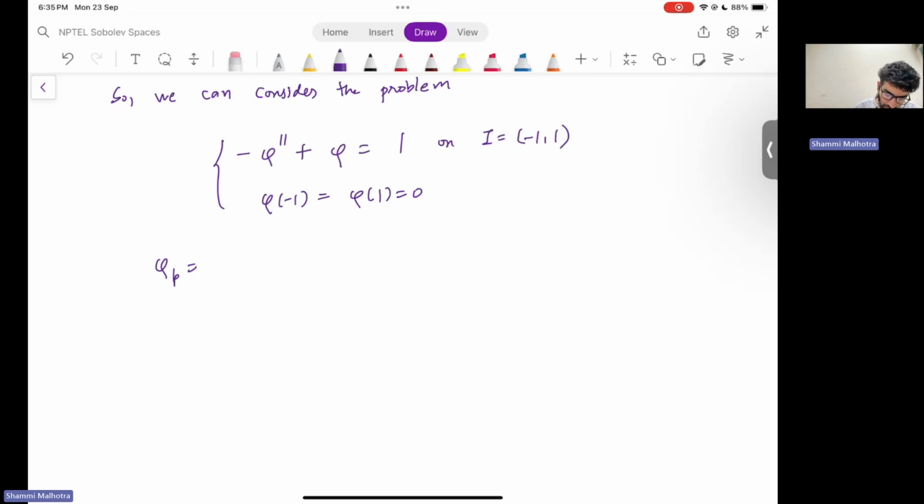So phi p has to satisfy minus phi p double dash plus phi p equal to 1. But on observation, we can see we can take phi p equal to 1, identically equal to 1.